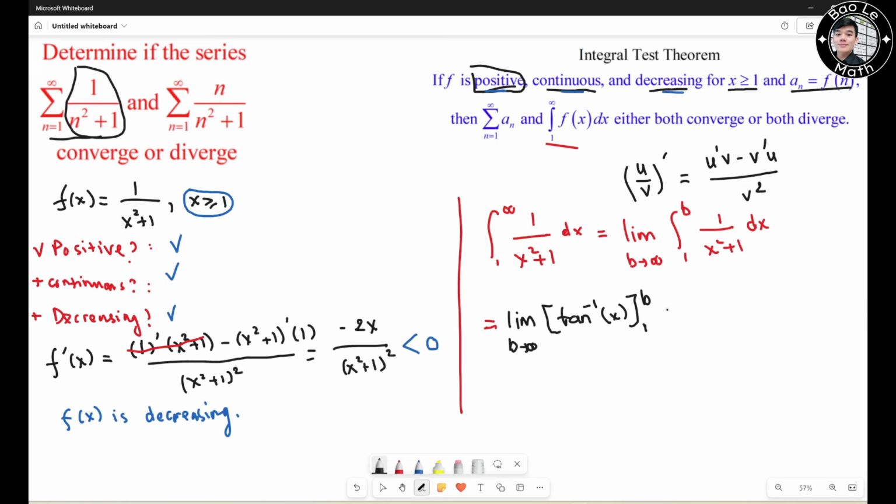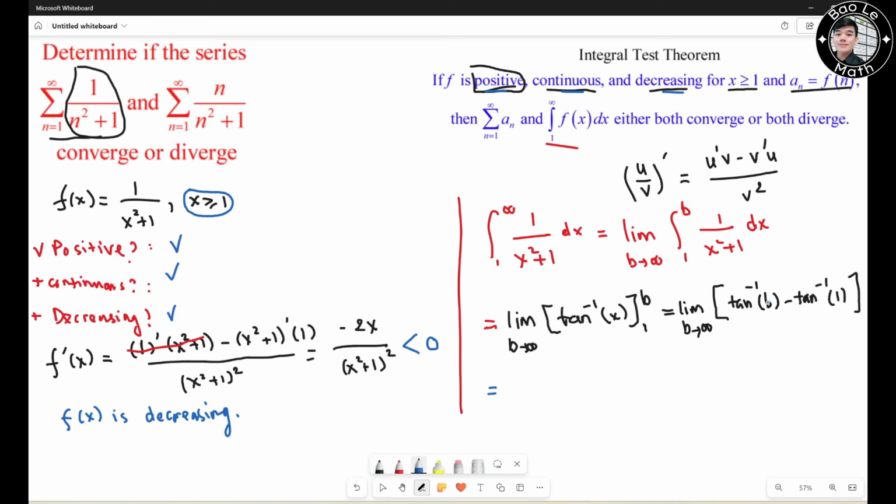So it's the limit when b approaches infinity of tangent inverse of b minus tangent inverse of 1. Now you substitute b over here.